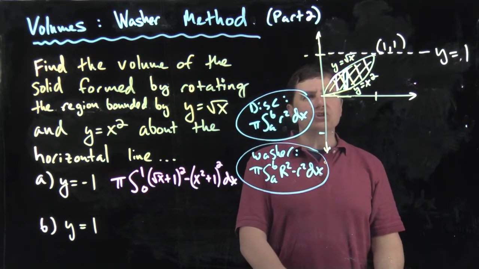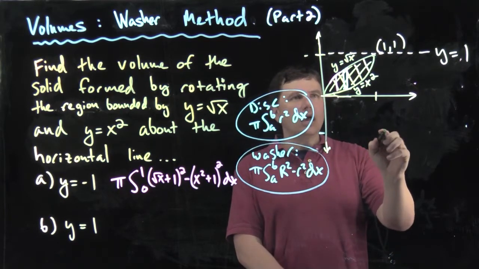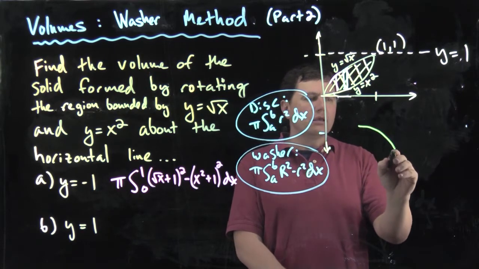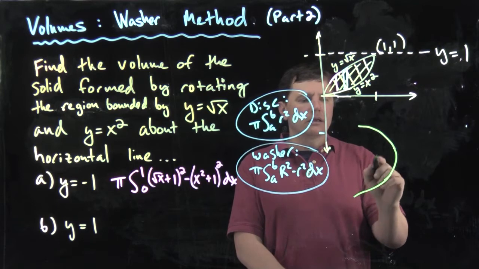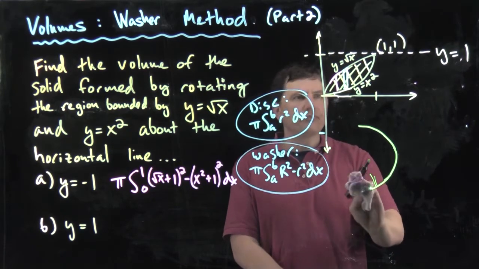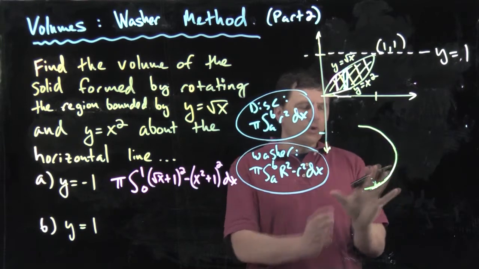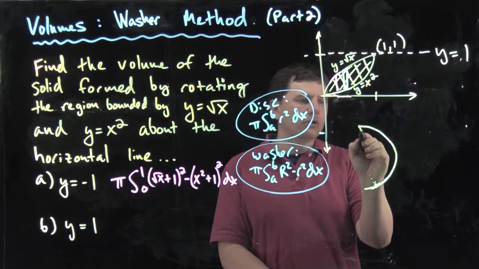So we're actually returning to a shape that looks very similar to what we did before, right? In part 1, we get something that on the outside kind of looks like a hemisphere as we rotate around that axis. And then if you look inside of it, it's going to have a hollowed out look.